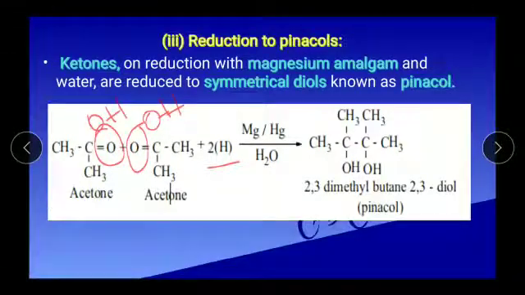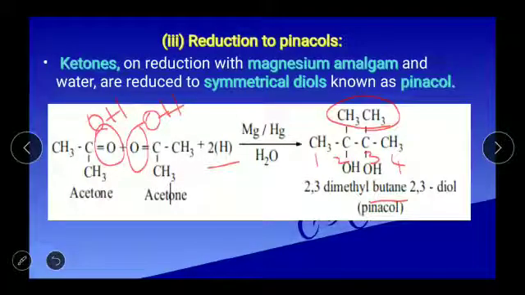Here the IUPAC name is 2,3-dimethyl butane 2,3-diol. How 2,3? 1, 2, 3, 4. We have 4 carbons, so butane. In the second and third carbon we have a methyl group, so dimethyl.